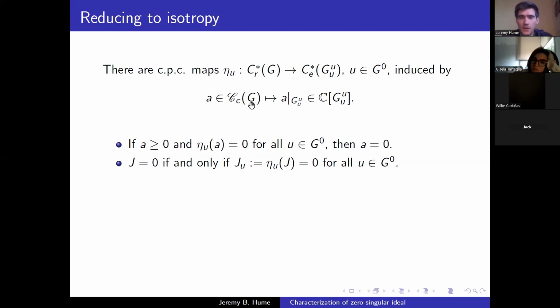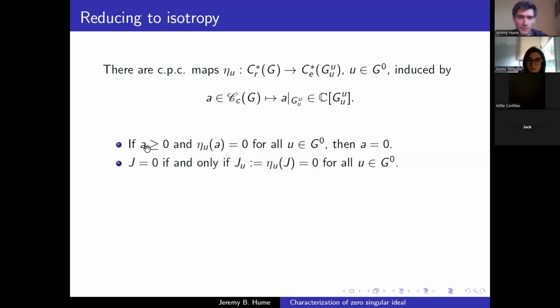E here is sort of like a quotient norm. If you give curly C the reduced norm, then at the level of these dense subalgebras, you could induce a norm on the group ring just via the quotient norm and then take a completion. This family of CPC maps has the nice property that they detect when a positive element is zero.